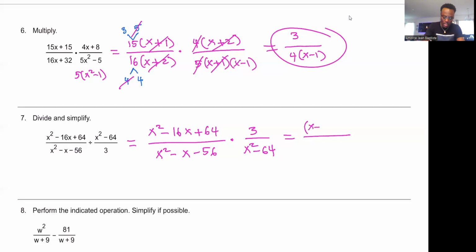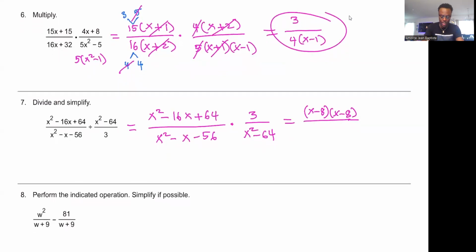So x minus 8 is the factored form of the top of the first fraction, which is also x minus 8 squared. But since I want to see all my factors, I want to keep it laid out so that I see what factor I can cancel and what factor I can keep after I completely factor all my expressions.